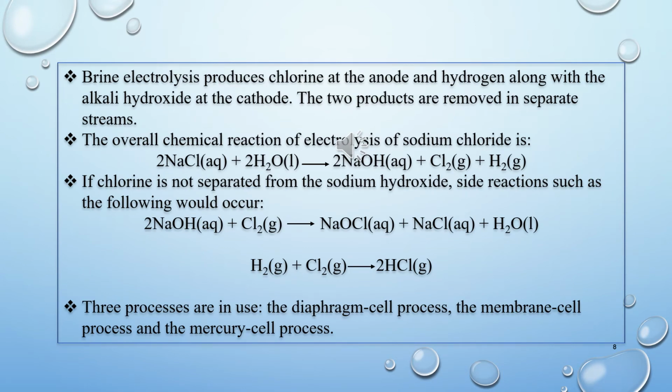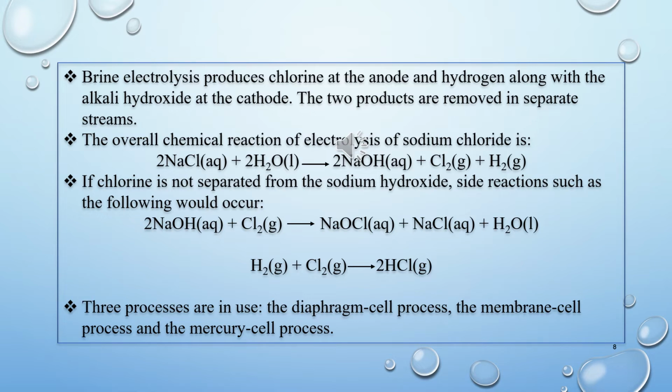Now students, we are going to discuss the complete process in the chloralkali process with the help of reactions. The first point is: brine electrolysis produces chlorine at the anode and hydrogen along with alkali hydroxide at the cathode. The two products are removed in separate streams.